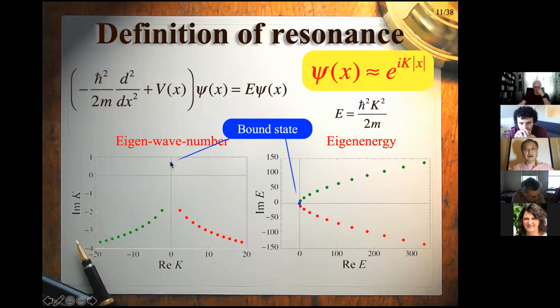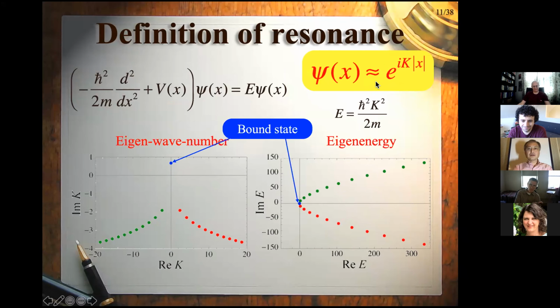Here is a bound state: if the wave number is pure imaginary with a positive imaginary part and I insert it here, you'll see a Mount Fuji bound state.